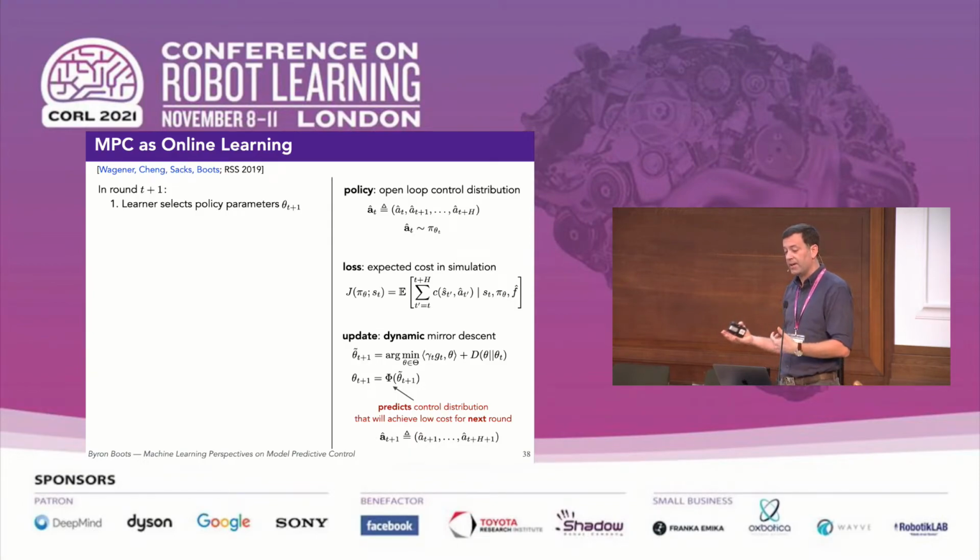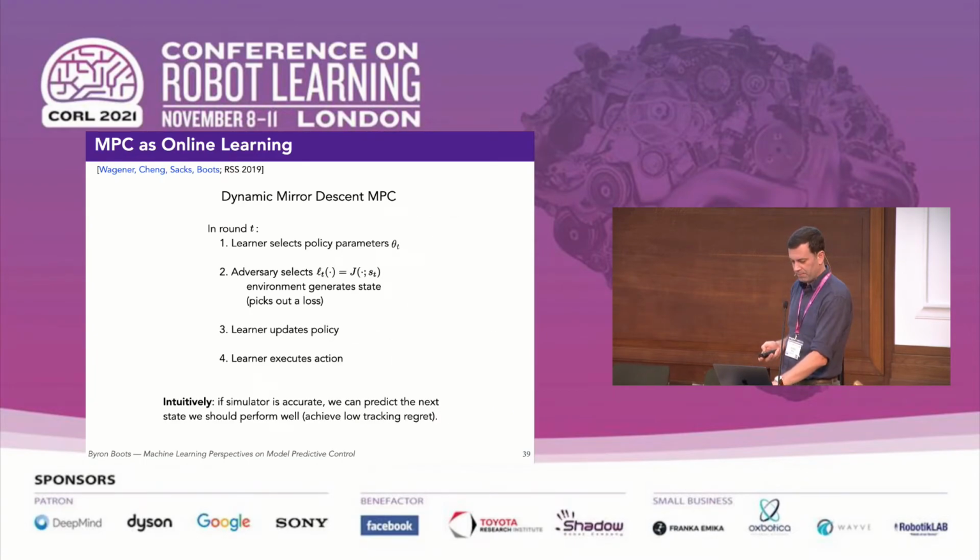And if this is accurate, then we can expect our policy to perform well in the next state, right? That our distribution is going to map over and do well. The online learning algorithm then just moves to the next round, which uses the newly proposed open loop control distribution together with the next state, and it just continues on its way.